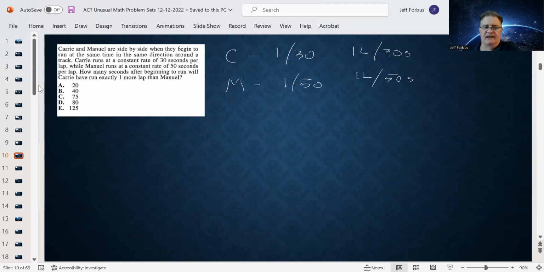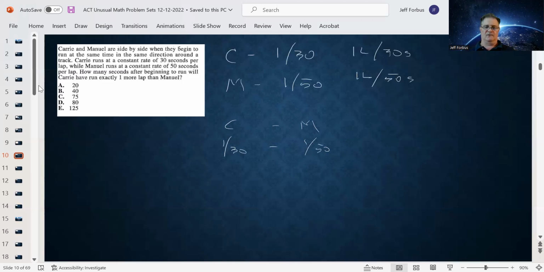How many seconds after beginning to run will Carrie have run exactly 1 more lap than Manuel? Okay, so we can take Carrie and subtract Manuel. So we got 1 over 30 minus 1 over 50.